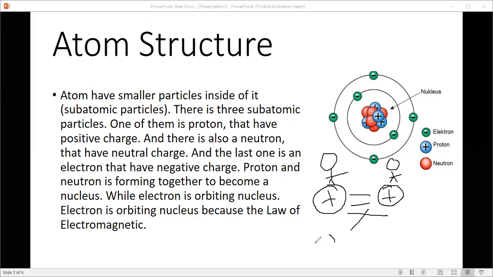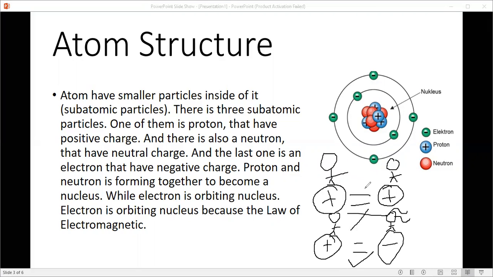But when you join a proton, a positive charge, with a negative charge, or a boy and a girl, okay, they will join together.